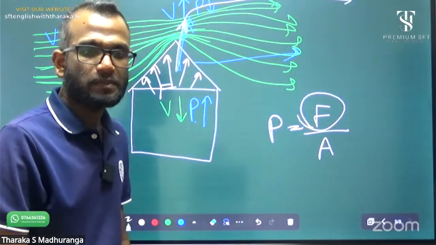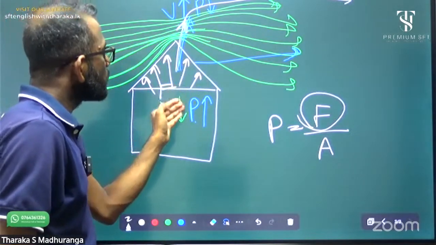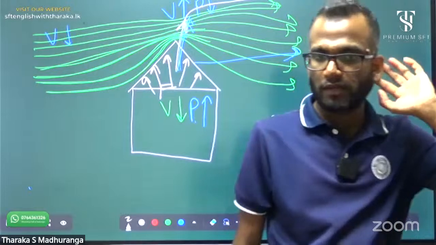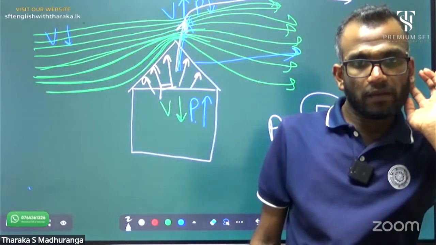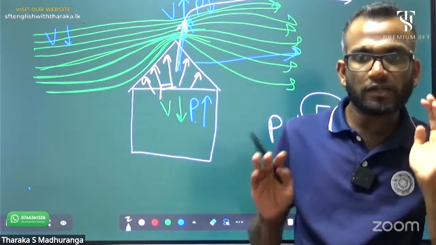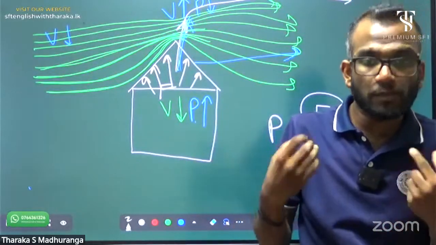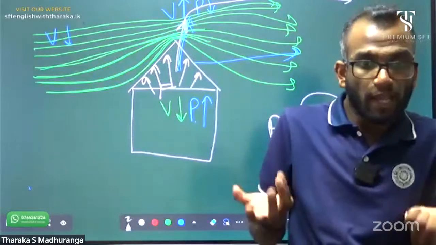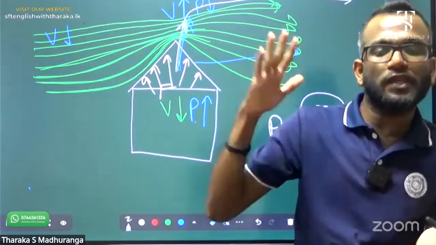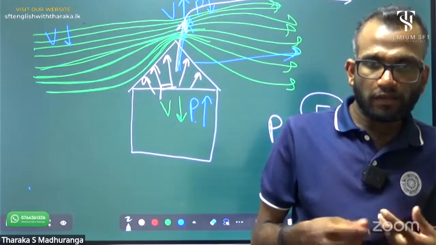Force is exerted on the roof upward, from high pressure to low pressure, same as the airplane example. Due to that, if the roof is removed, it is lifting, going in the upward direction. Understood?